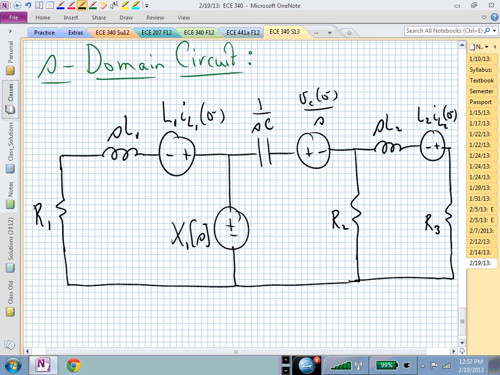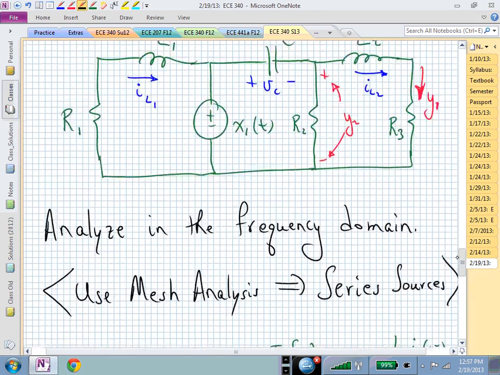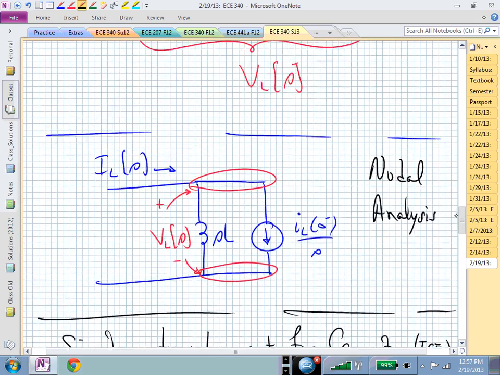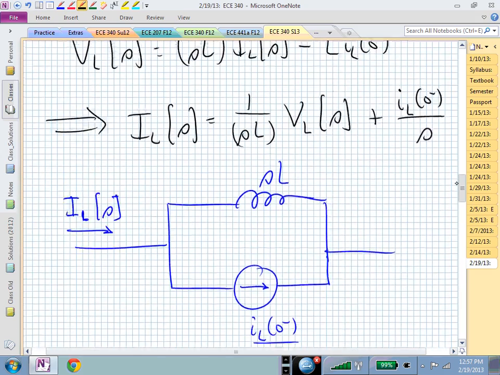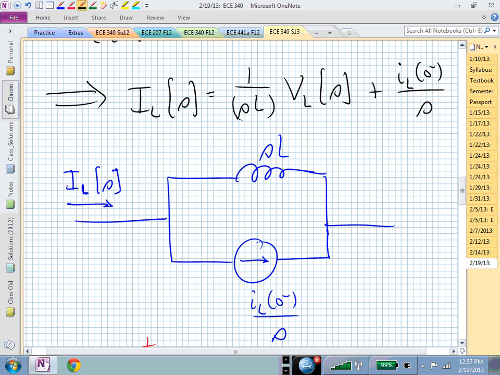Questions on that? Yes. What's the reason behind this polarity? It's all related to, didn't derive it, but you'll do that tonight when you go home. Remember what happened here when we did the nodal analysis for the inductor?